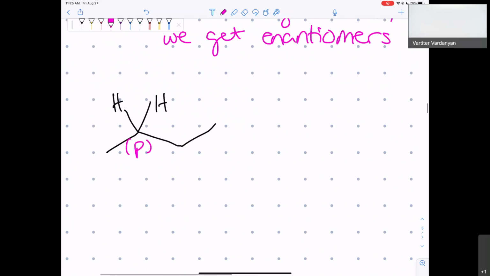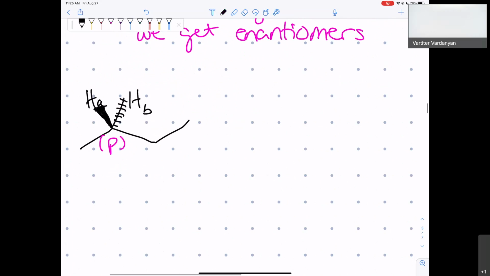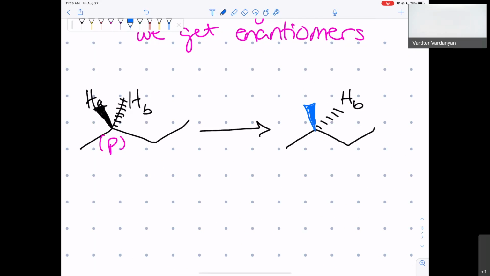So let's zoom in a tad and let's call this HA, HB. Give it some wedges and dashes. You don't have to know what mechanism or what reaction this is for now. Let's just say we replace HA with an OH. Ta-da!